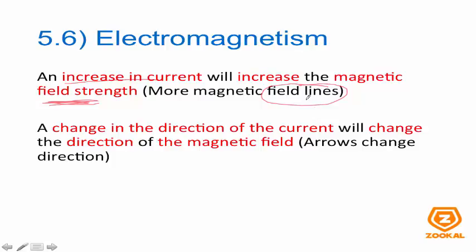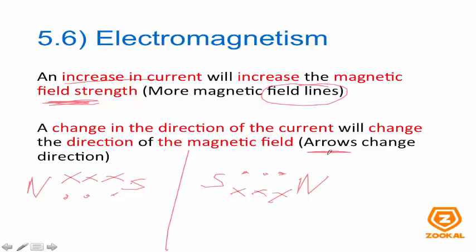As for the change of direction of current, such as we had in this diagram just now, when you change the direction, your initial north-south would change to south-north. So your arrows would change direction for the magnetic field lines, because current changes the direction of the magnetic field.